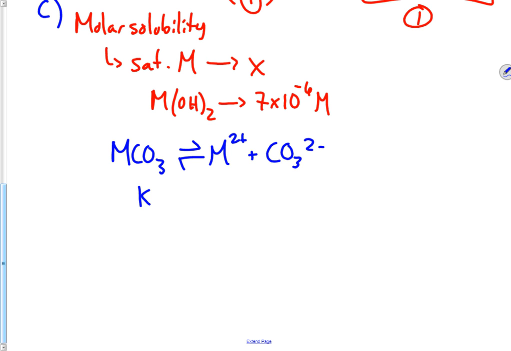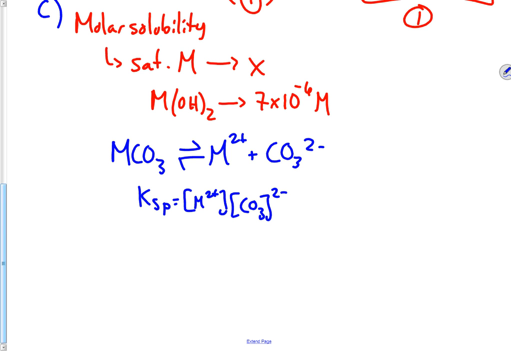If I have KSP and it equals M2 plus times CO3 2 minus. By the way, if you're like, I don't know where I'm going with any of this: if you're given a K, then you need to be able to find the concentration. If you're given concentrations, then you find your K. It's always one or the other.